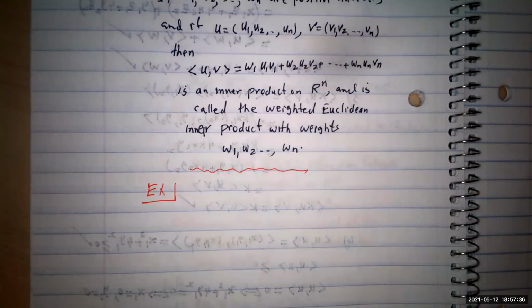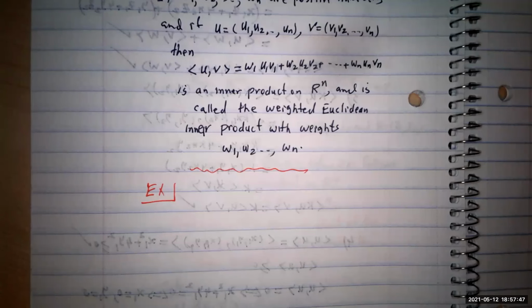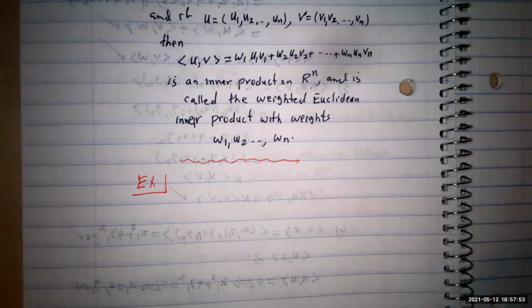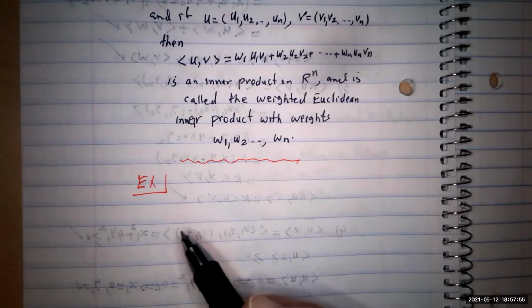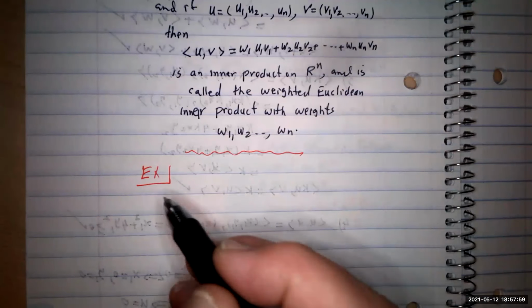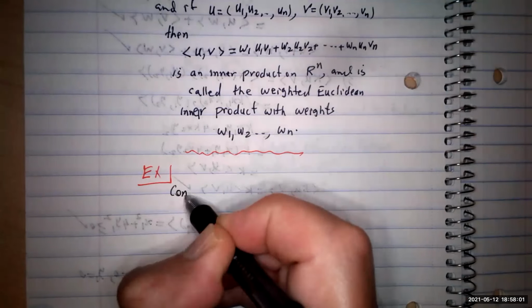If you are given matrices, you should know that this is the inner product that can be defined on them. Let's do one example, then we extend it. We usually go with a 2 by 2.